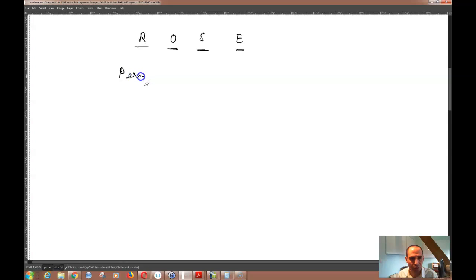So, permutations when all objects are distinct.